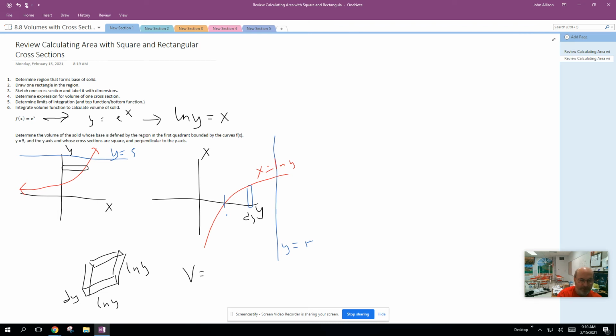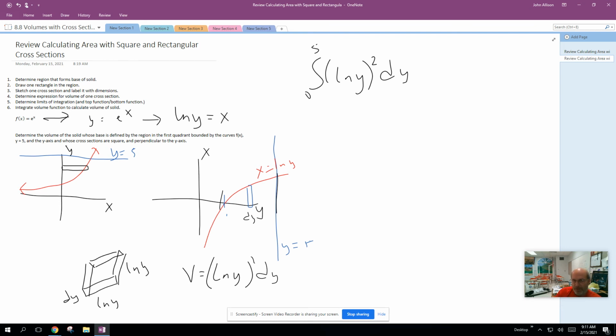That's going to be the length times height times width, or ln y times ln y, so ln y squared times dy. That's the volume for one cross section. We, again, are integrating from 1 to 5. So we're going to integrate ln y squared dy. If you had to just set up the integral and not evaluate, that's exactly what you would do.